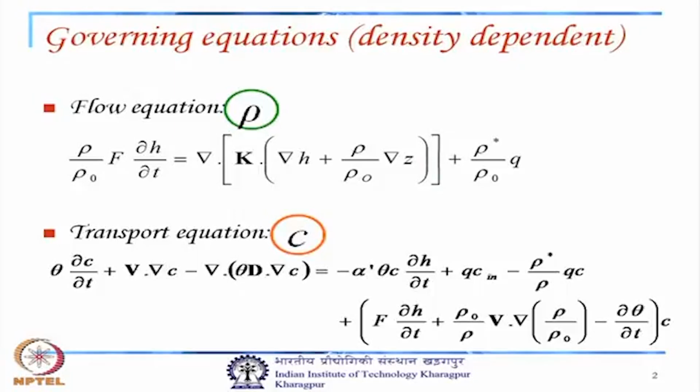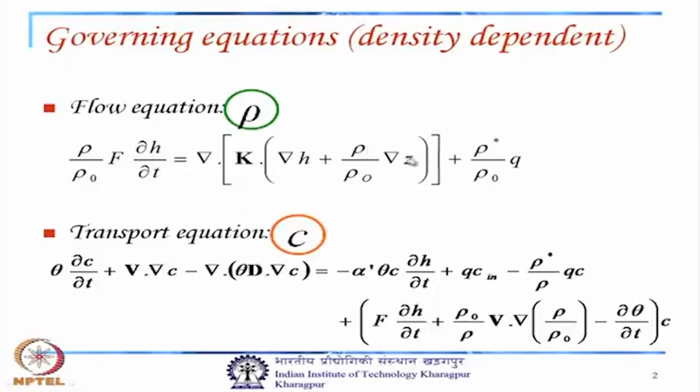So, the first equation is the flow equation. Here rho 0 is the reference density, S is the storage coefficient, h is the hydraulic head or total head, and t is time, so this is the time dependent term. Then we have the permeability tensor or hydraulic conductivity tensor.